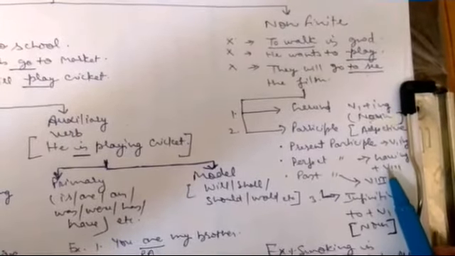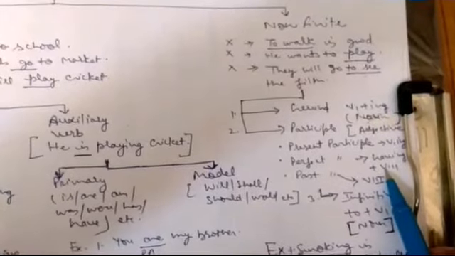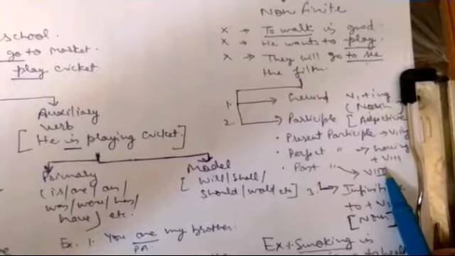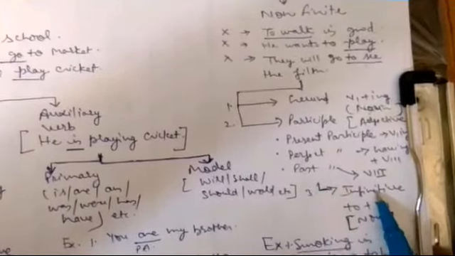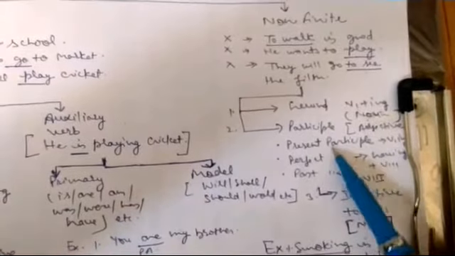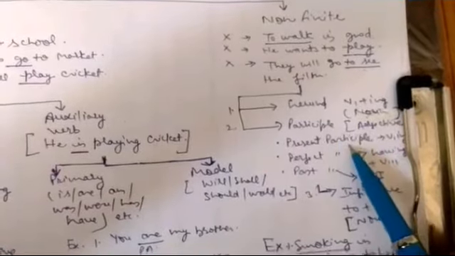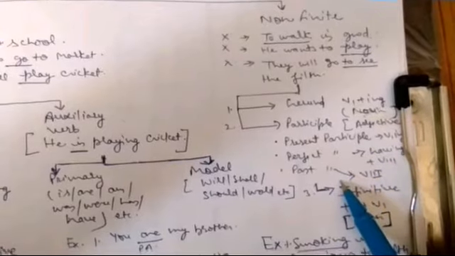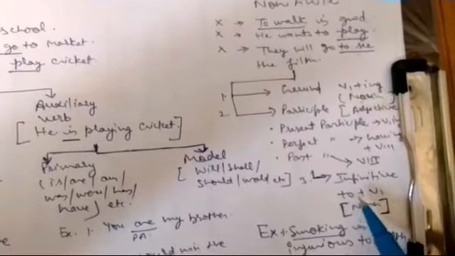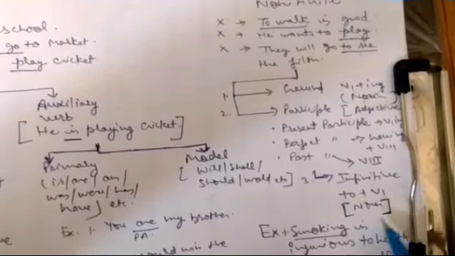Perfect participle is having plus V third, and past participle is V third. So these are the three types of participle. Now the third one is infinitive. Infinitive is to plus V first. It indicates a noun. Now let me show you the examples.